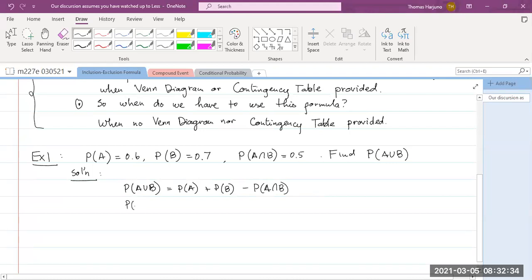So write down the formula first and then you plug in numbers. So we get probability of A union B is equal to, I think, 0.8.